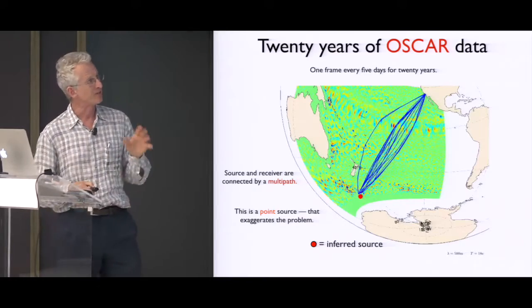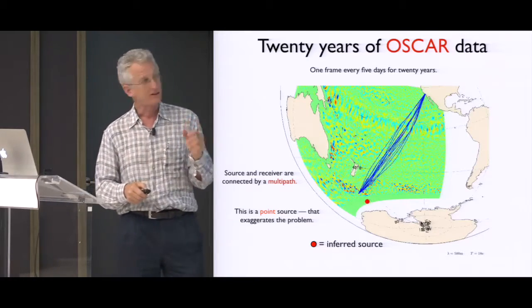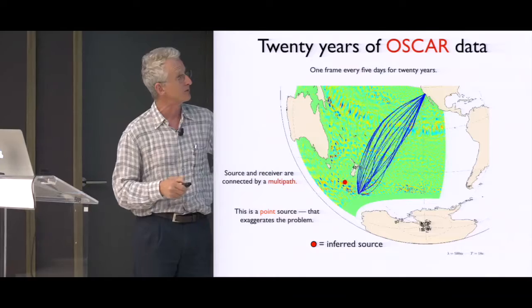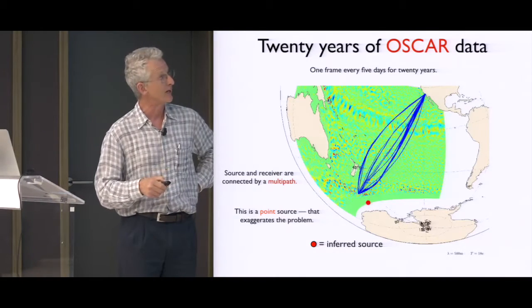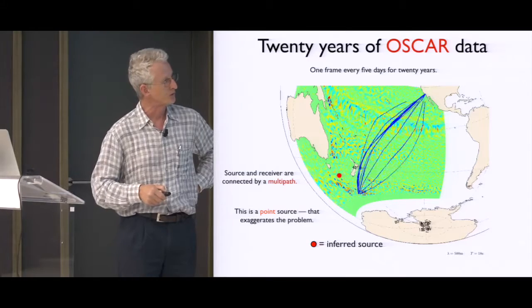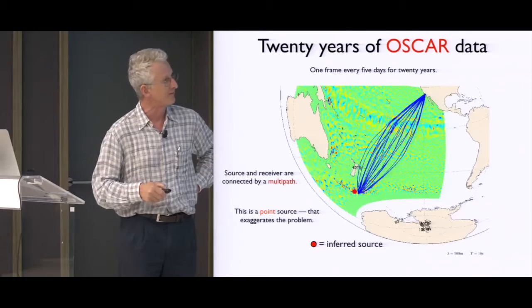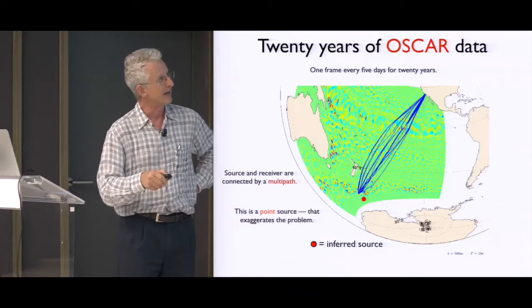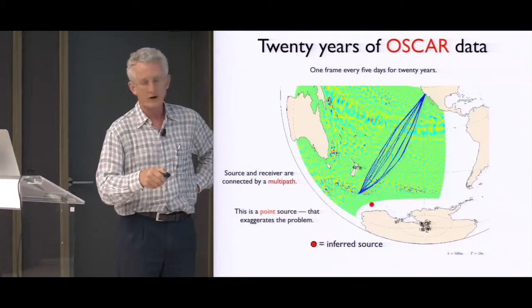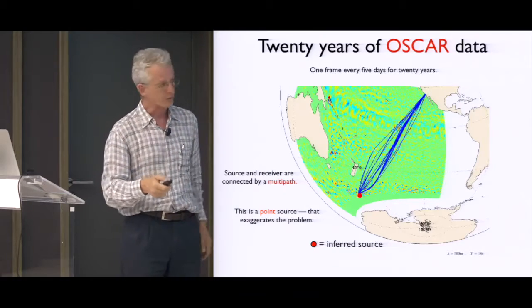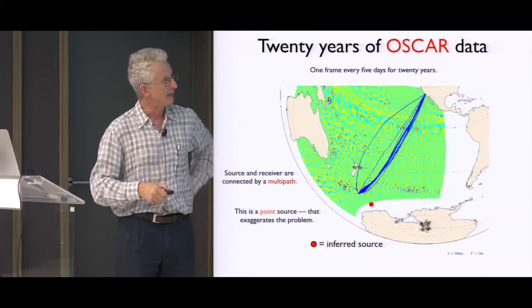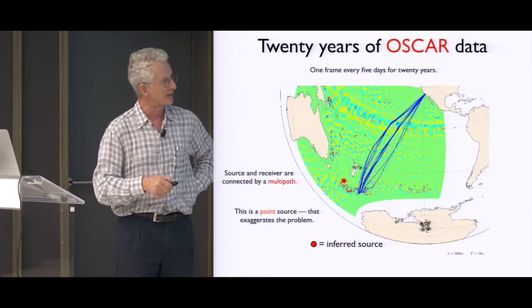So this is an animation of 20 years of OSCAR data. You get an estimate of the sea surface currents every 5 days. This is a point source. I'll talk about extended sources later. And what you would see at the observatory is rays coming from a lot of different directions bombarding you. And if you took the mean of those directions, that would give you a source which is moving around like this.